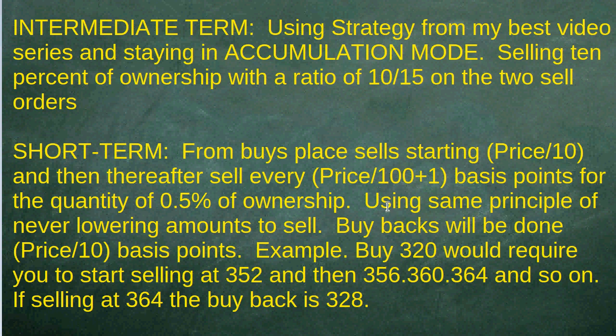So if I'm starting off with 500, it's going to stay at that until 5% is greater than the 500. On buys, buybacks will be done on price divided by 10 basis points. So if I sell at 1,000, then I'm going to take that divided by 10, that's 100. I'm not going to buy back till 900.